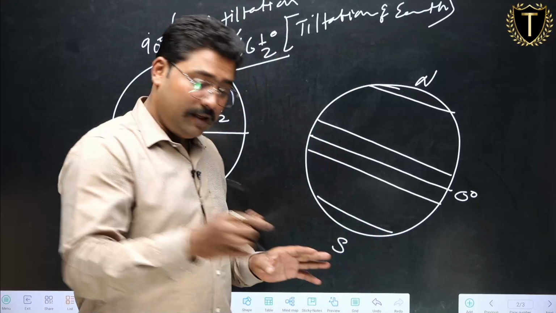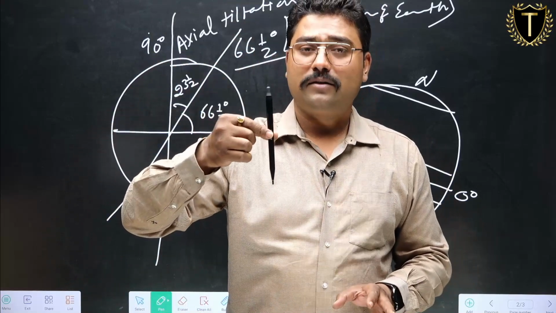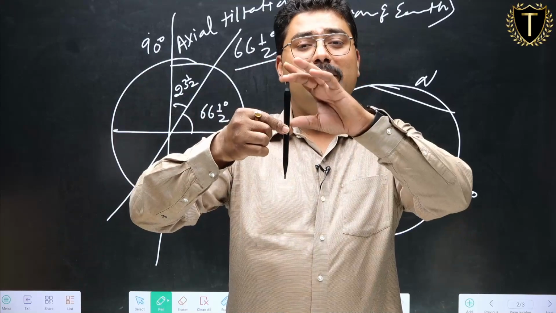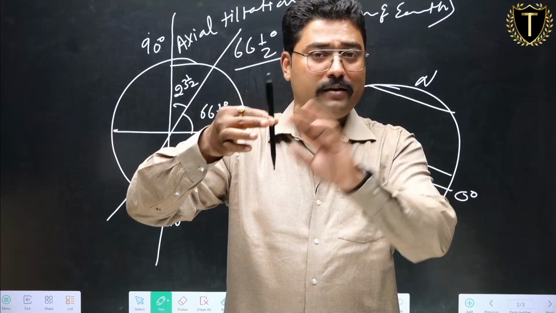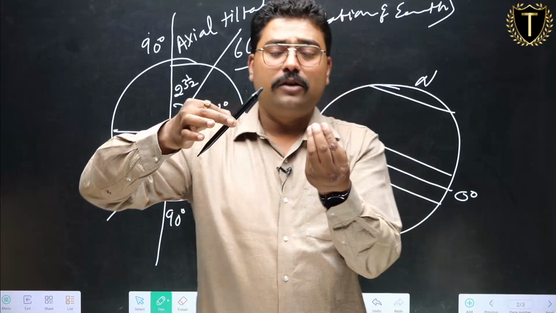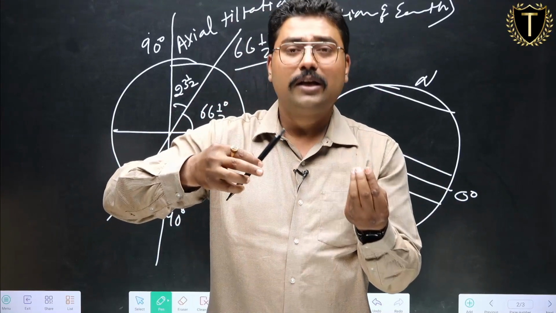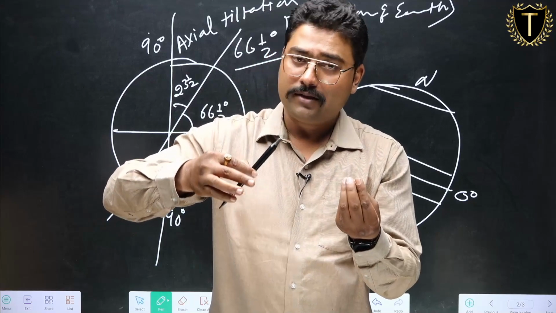Now, suppose this is our Earth, northern hemisphere and southern hemisphere. This is our Sun. Presently, the northern hemisphere is facing the Sun and the southern hemisphere is away from the Sun.